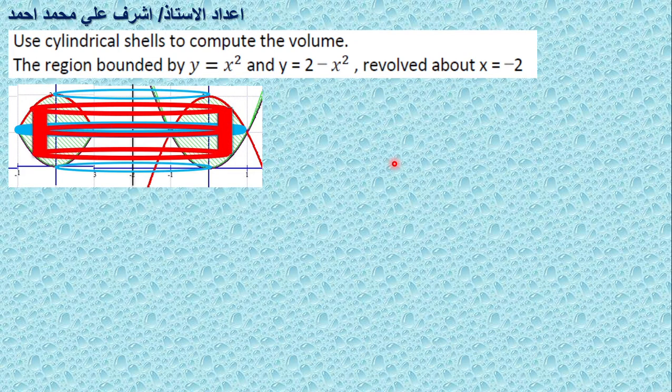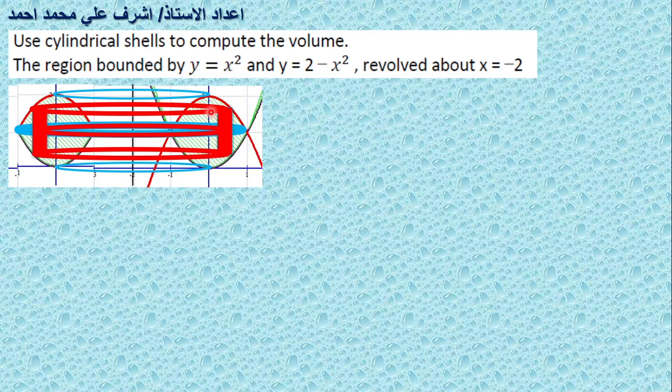What is our cylindrical shell? I want to find the volume of this shell and integrate it. This shell's thickness is dx, and its height is the distance between the blue curve and the green curve, so it's up minus down.